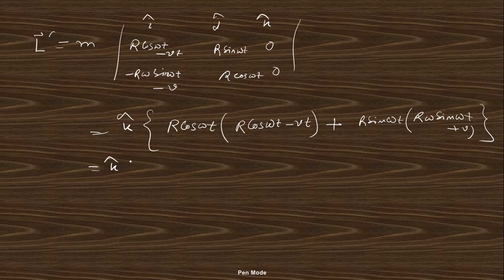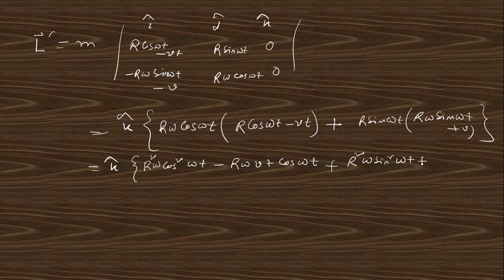Just multiply: r square omega cos square omega t minus r omega vt cos omega t plus r square omega sin square omega t plus v r sin omega t.